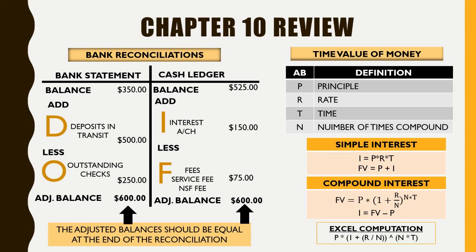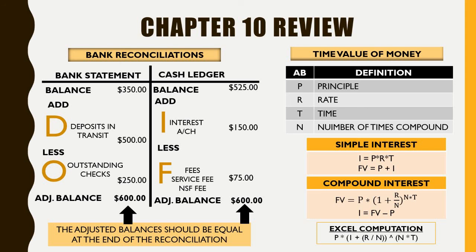Okay? And once again, here is a quick and easy way to memorize bank reconciliation. When you're dealing with your bank, think of it as your DUES: your deposits in transit and your outstanding checks. Whereas when you look at your checking account or your cash account, think of it as your IFS: all your interest and all your fees.